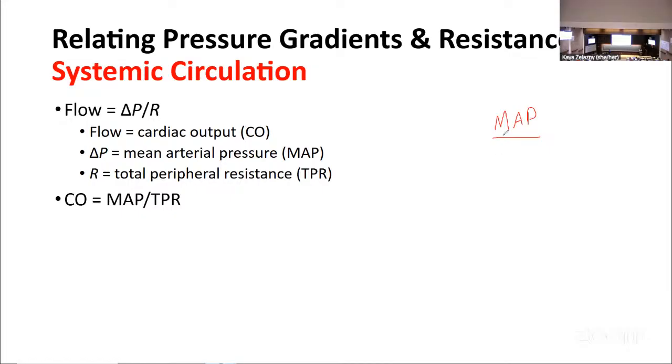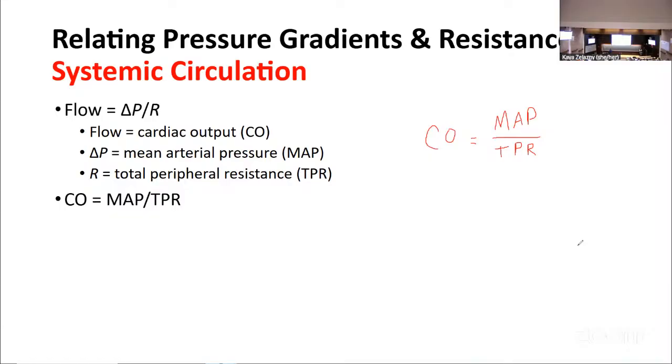So mean arterial pressure, so average pressure in the aorta, basically, divided by total peripheral resistance. So that's all the resistance out in all the blood vessels in your body. And we'll think later about how that can change, but mainly it's things that affect the radius. And our flow is our cardiac output here, right?